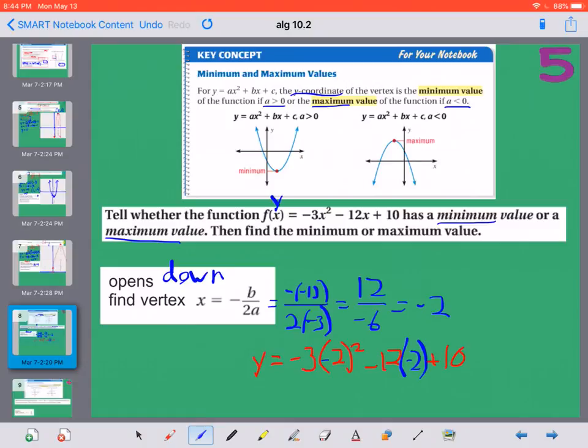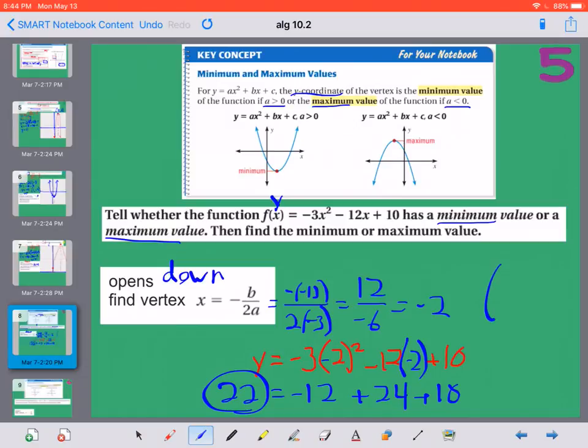So negative 2 squared is 4 times 3 is going to be negative 12. Negative 12 times negative 2 is positive 24. And then plus 10. Negative 12 plus 24 is 12. Plus 10 gives us 22.